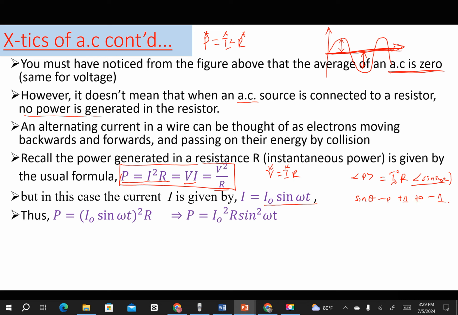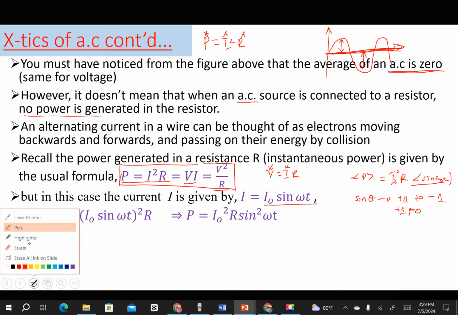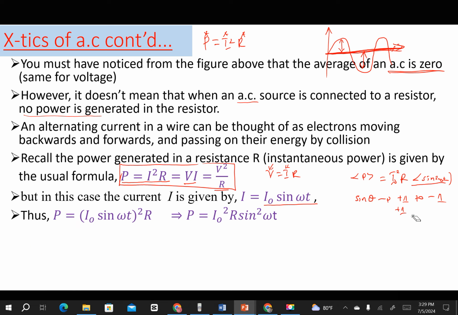That is how sine theta varies. Or I can say it varies between +1, 0, to 0 up to -1. I want to write a good statement here for those who don't do maths.